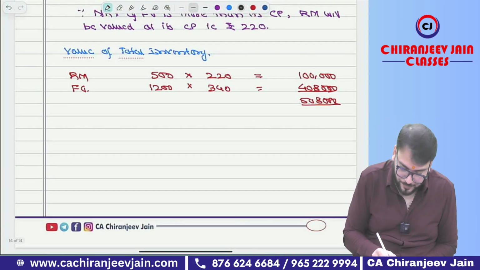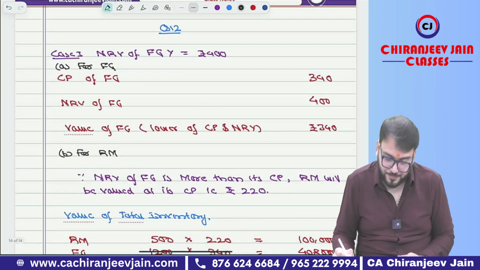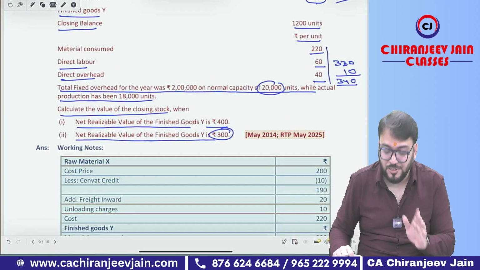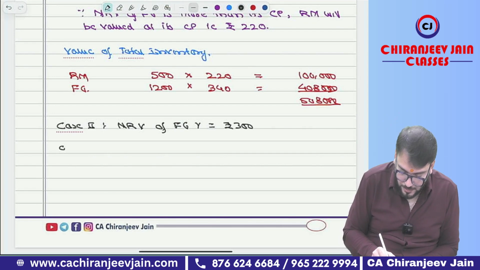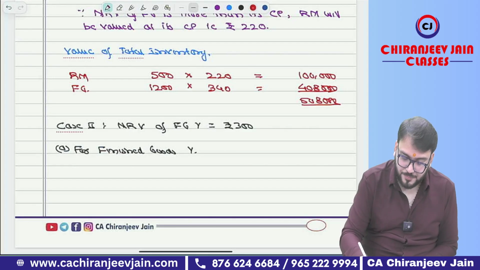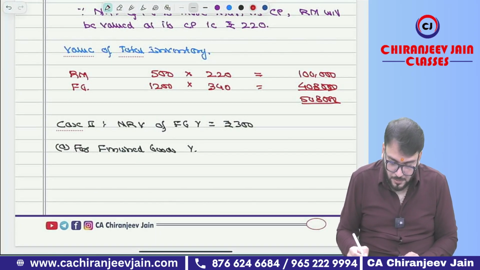Come to case number 2. NRB of finished goods Y is equal to what? Now they have given case number 2. How much? 300. The entire game will change now. Rupees 300. Point number A for finished goods Y. Correct.